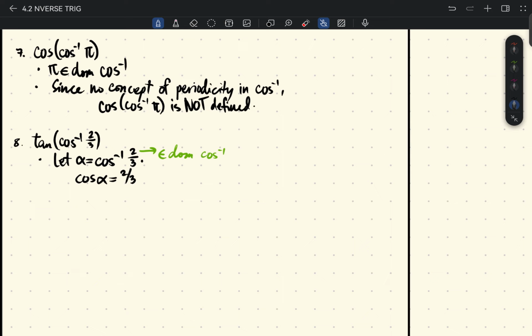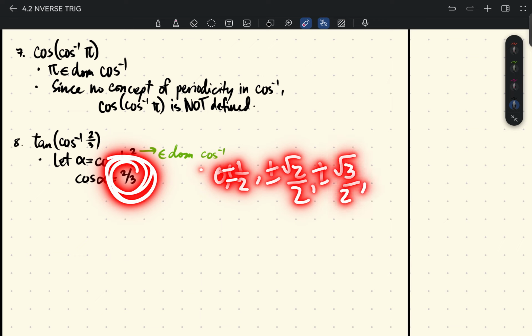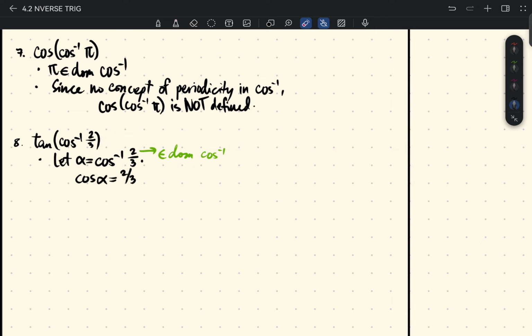And obviously, this one is not a special value. So if you recall, the special values are 0, plus minus 1/2, plus minus square root of 2 over 2, plus minus square root of 3 over 2, and plus minus 1. So this one right here is not a special value. However, what did we do?